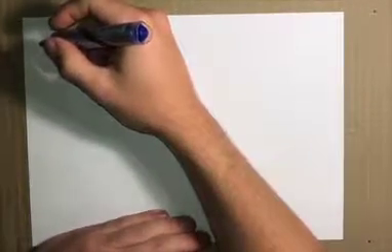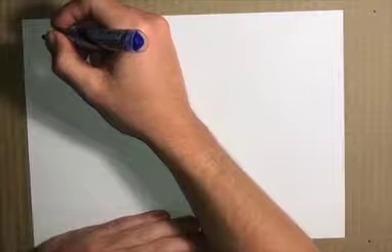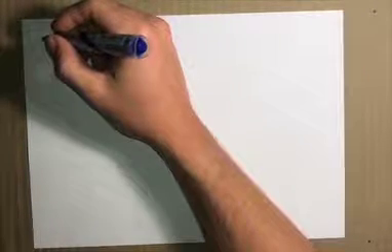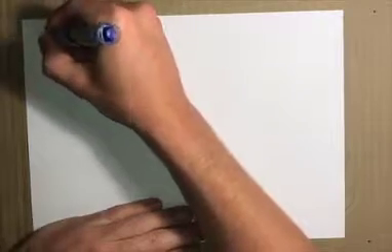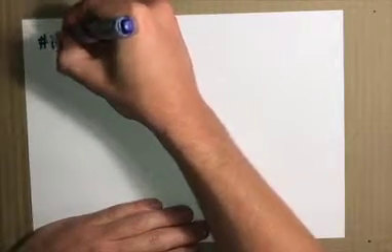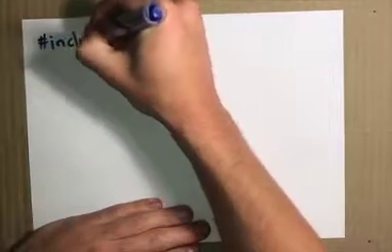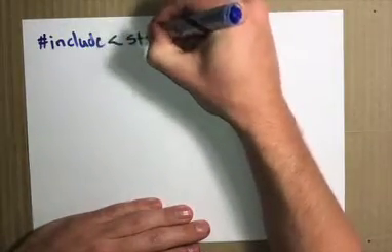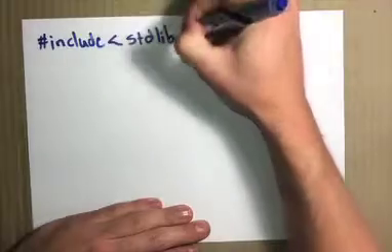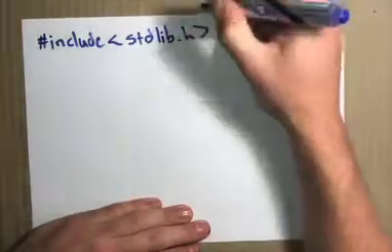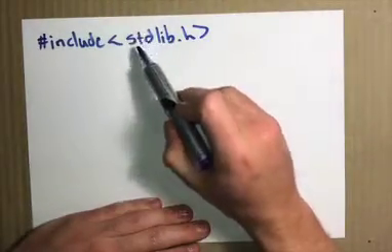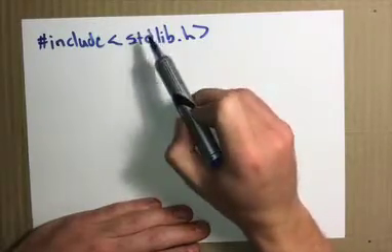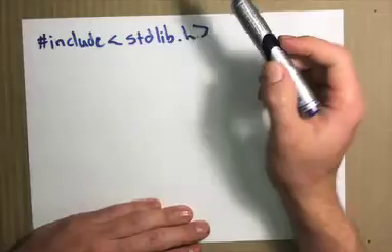To use the functionality of random numbers in the C programming language, we need to include a library called #include <stdlib.h>. stdlib stands for standard library, and it's different from stdio.h.